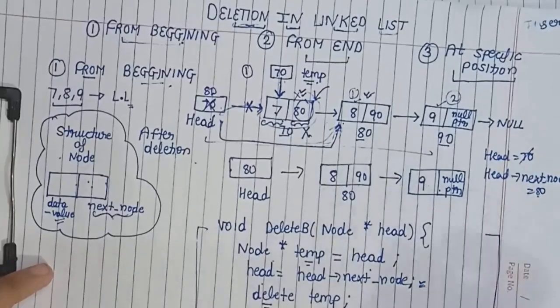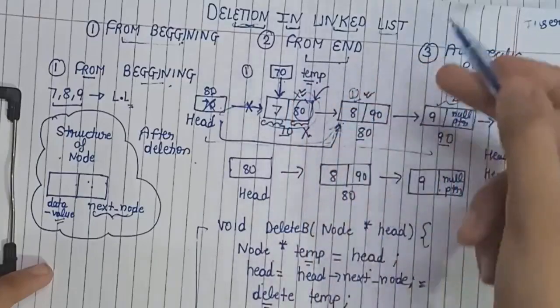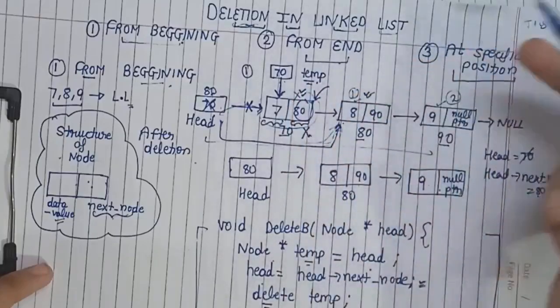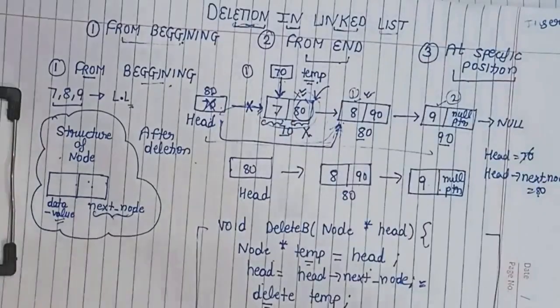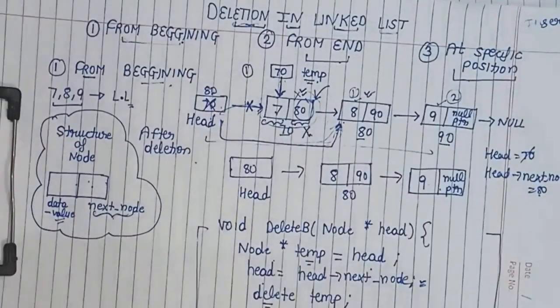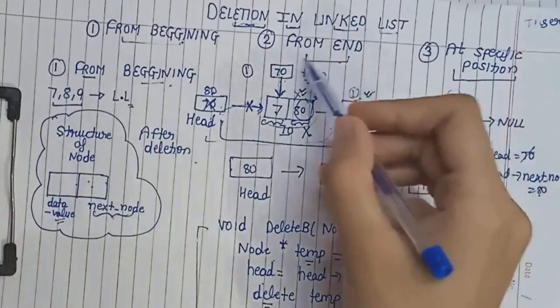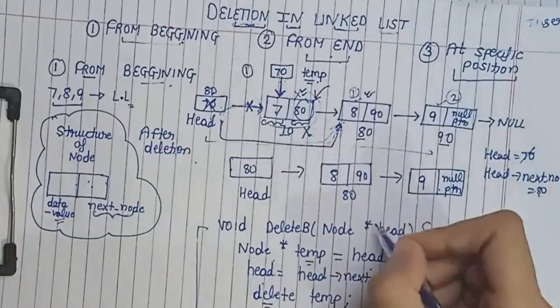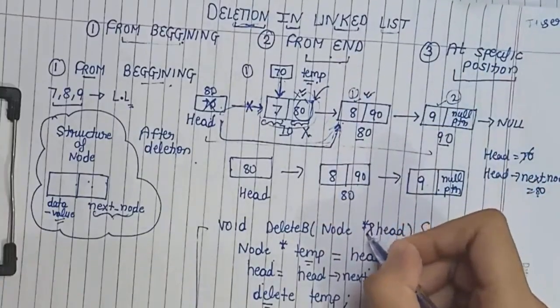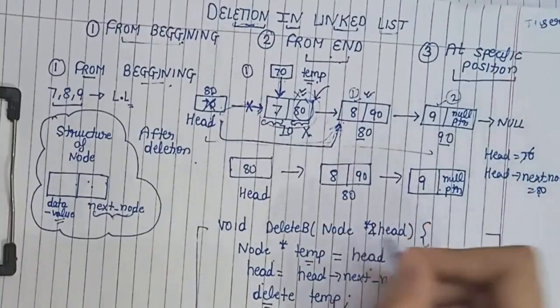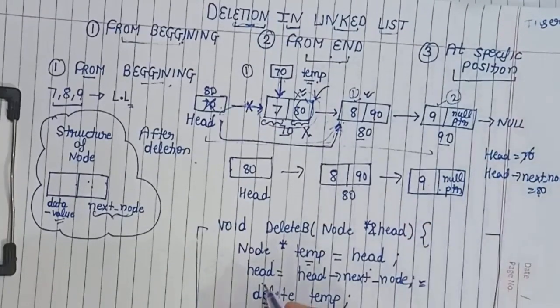So now let us move on to our second part, which is deletion in the linked list from the end. Before moving to this part, let me tell you that here you need to pass this head by reference, not by value, because you can see that we are making changes in the head pointer.